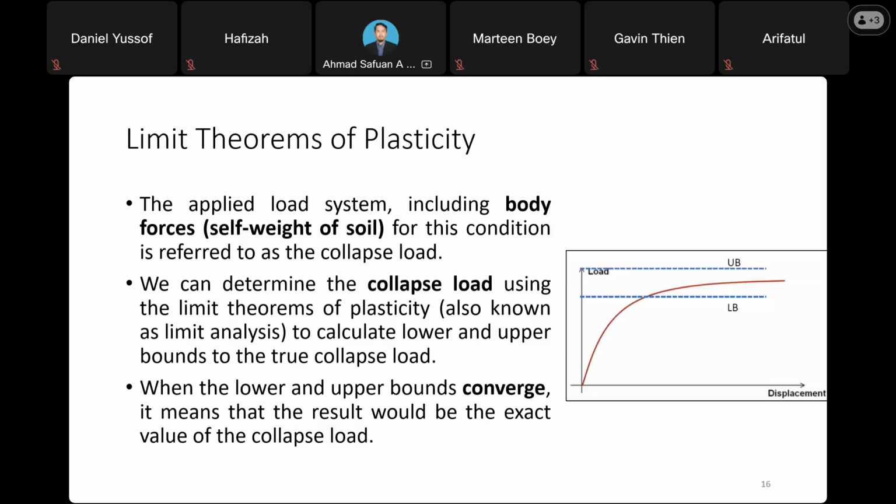This is the typical stress strain behavior of a soil.